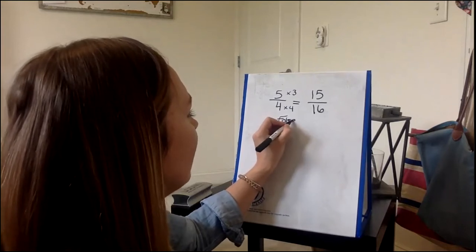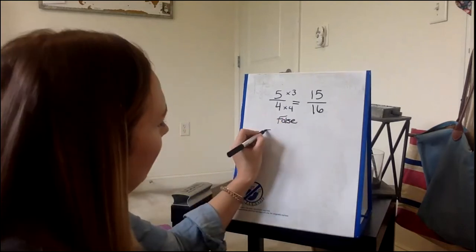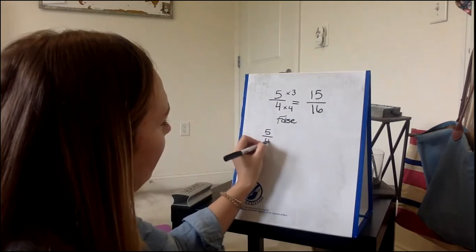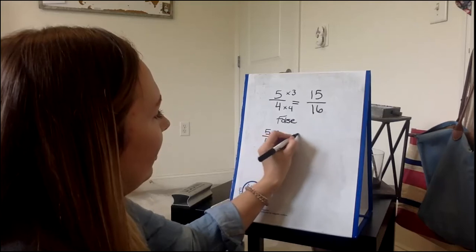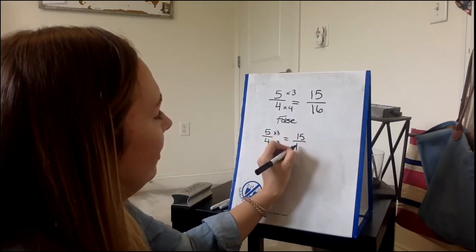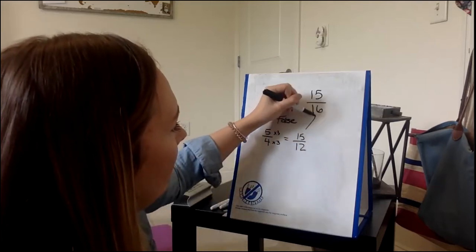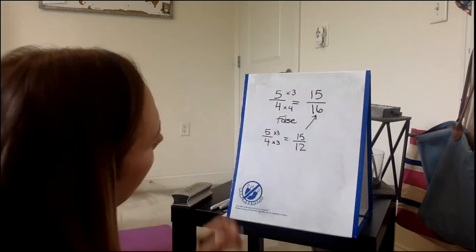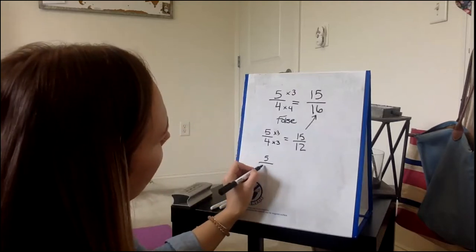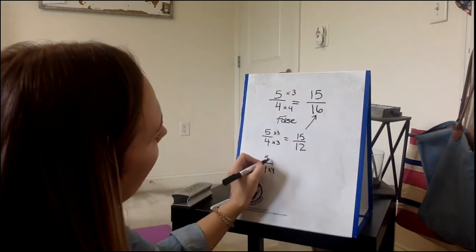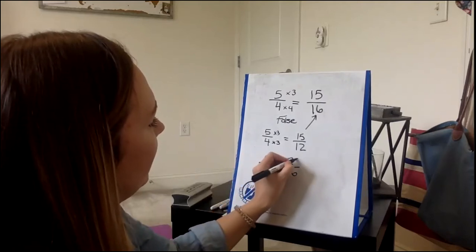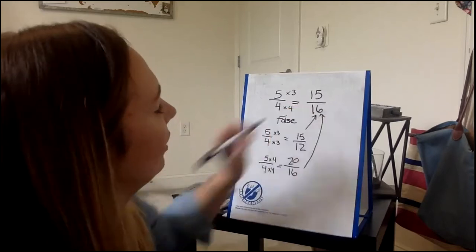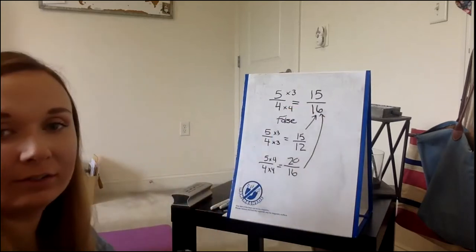There's two ways I could make this true. I could keep the times 3 and do that in the denominator, and I could get 15/12. That's one way that it would become true. I could also keep the times 4 in the denominator and multiply the numerator times 4, and I would get 20/16. Both of those are correct ways to fix the right side.